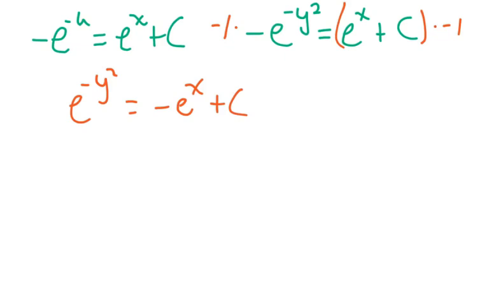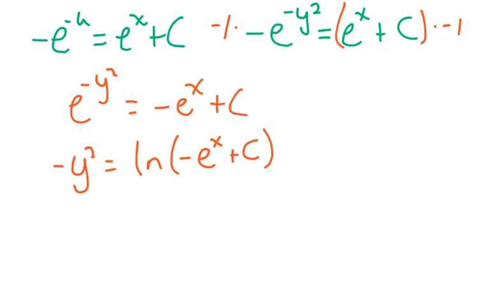I want to get y down out of that e, so I'm going to take the natural log of both sides, and that gives me negative y squared equals the natural log of negative e to the x plus c. There's nothing we can do to simplify that natural log, it just has to all stay together.